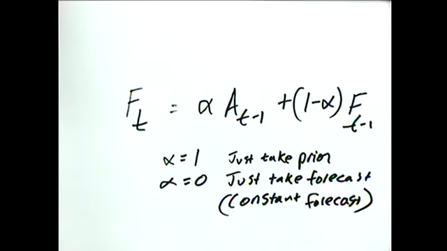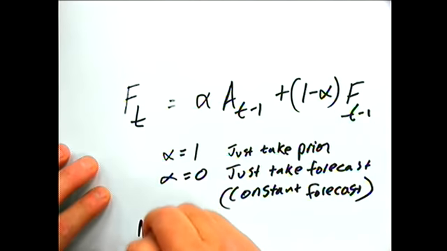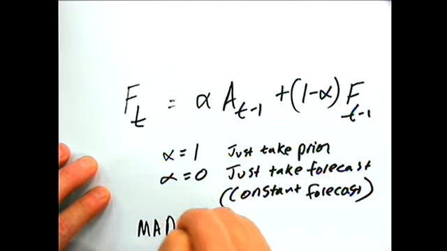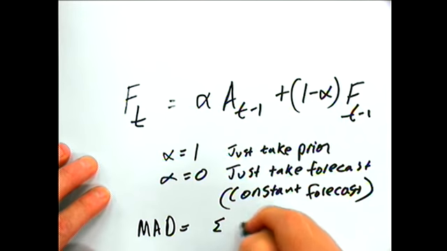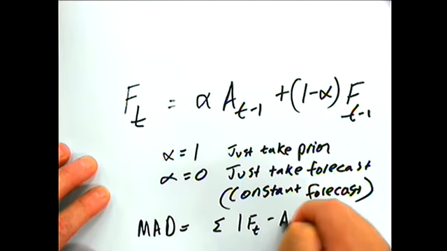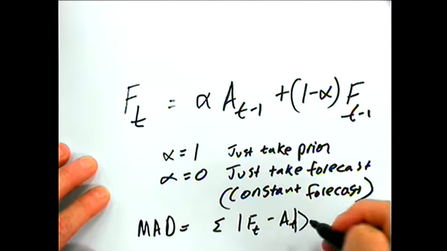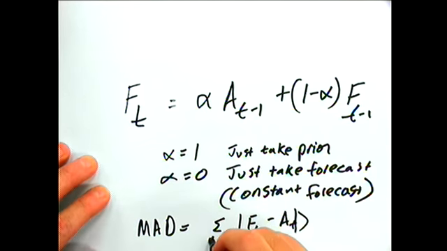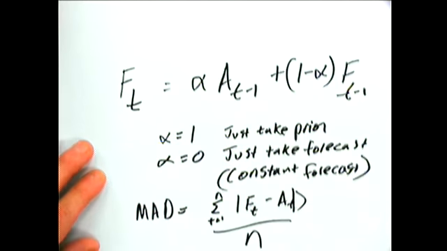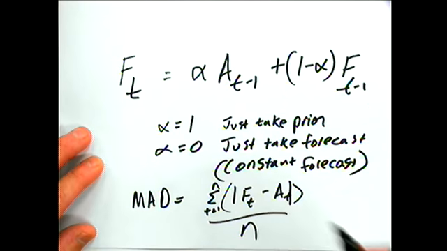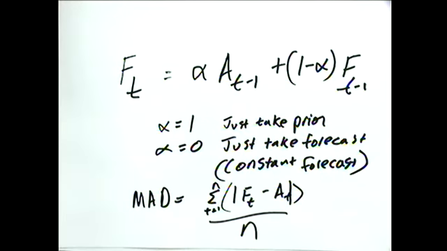Now, we want to compute MAD, mean absolute deviation, and that's the summation of the absolute value of forecast t minus actual t, t equals 1 to n, all over n. Everybody get that, right? So this is the MAD for exponential smoothing.